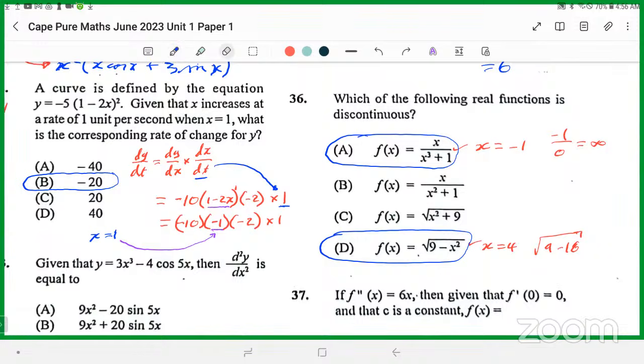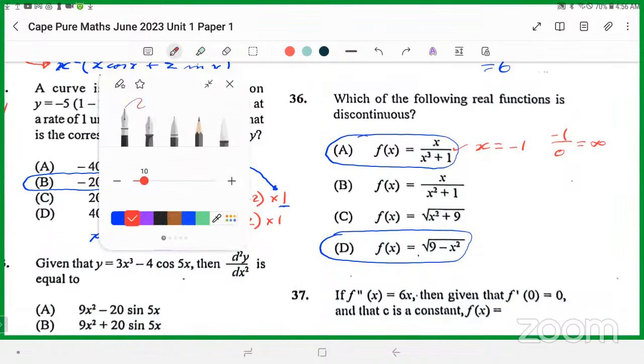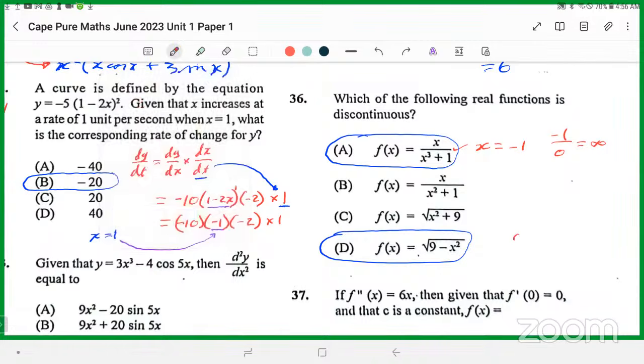All right, let's put it this way. Up here, x cannot be -1. For this one, I'm just trying to see if possibly this is the answer. This one is acceptable, which doesn't make sense to me, but you're basically saying that 9 minus x squared has to be greater than or equal to 0.